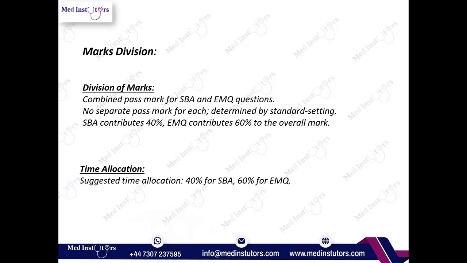So this itself should tell you that you have to conquer solving EMQs. Obviously, SBAs are going to fetch you the marks. So our aim would be to not go wrong with the SBAs and to conquer solving EMQs. That should be your aim from the beginning.